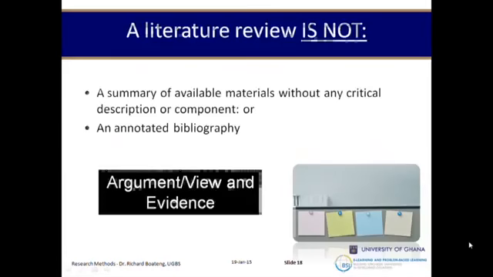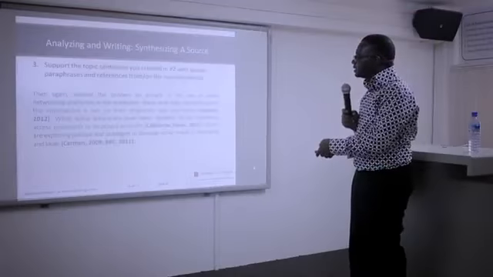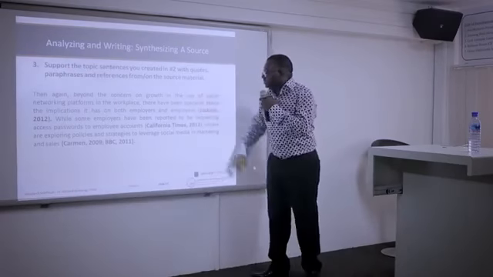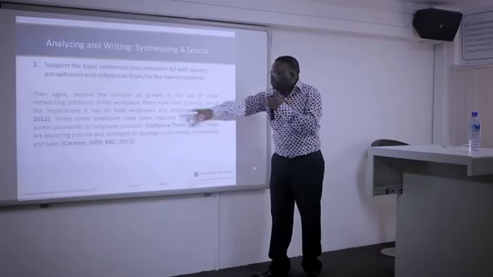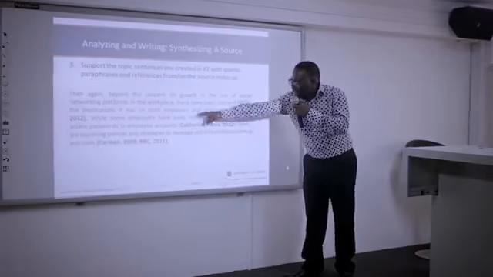So what you realize here is that a literature review is not just a summary of available resources. It's more about argument, evidence, and illustration. Look at it. An argument is here, evidence is here, and illustrations are here: "while some" and "others" are illustrations of this one.